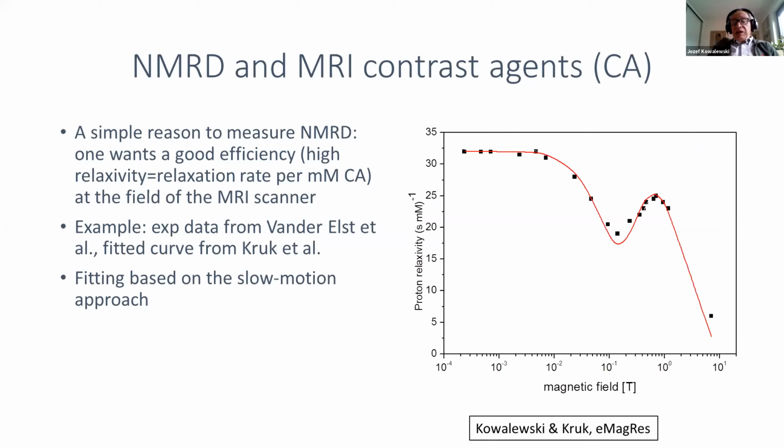And you can see that there is some structure in this data. This data can then be fitted using different theories, more or less successfully. The data I show you were fitted based on the slow motion approach, and I think it's pretty good.